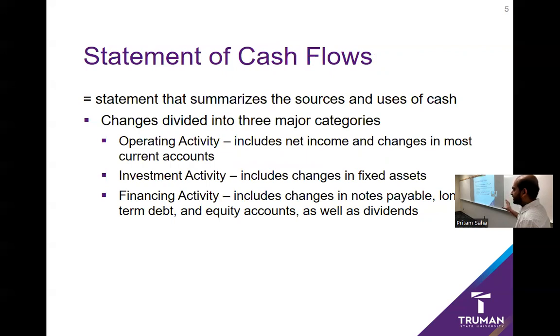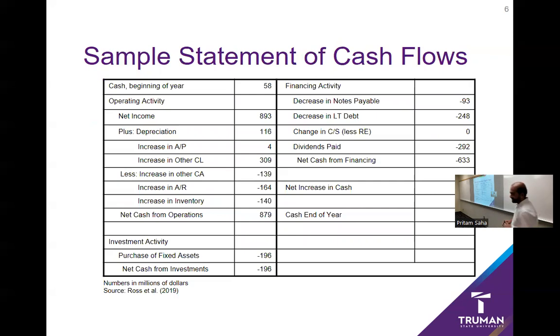Statement of cash flow basically summarizes broadly these 3 different activities, and they actually show you inflows and outflows. But in finance, we are more concerned about OCF, cash flow from assets, cash flow to liability and equity holders. This is a typical example of a statement of cash flow. If you look, this side is all about operating sources and uses of cash flow.